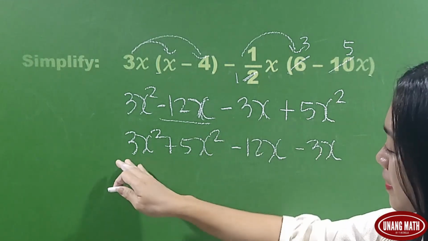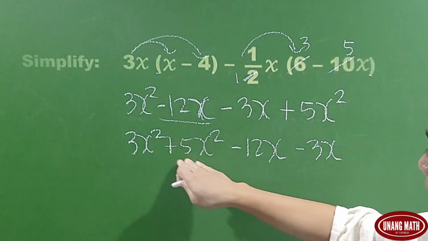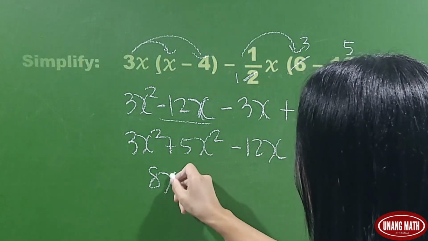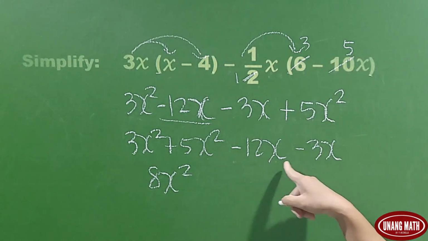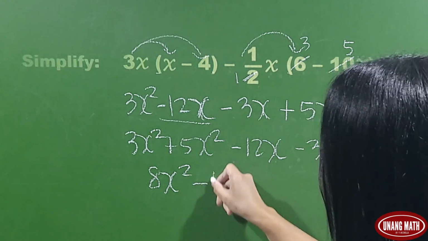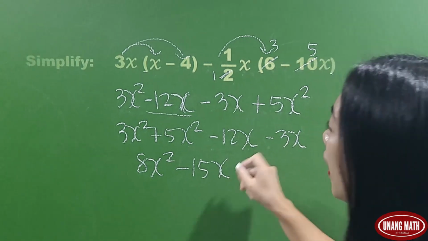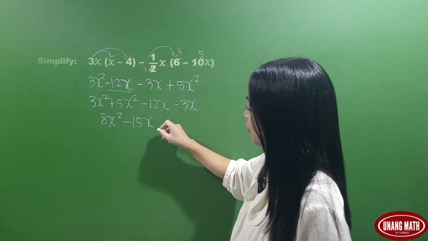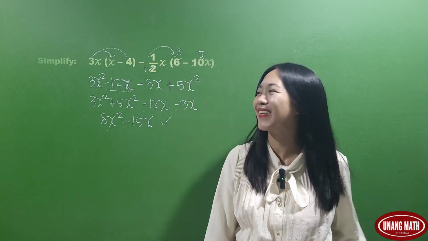So let's now simplify. 3x squared plus 5x squared is equal to 8x squared. And negative 12x minus 3x is equal to negative 15x. So the simplified expression is 8x squared minus 15x.